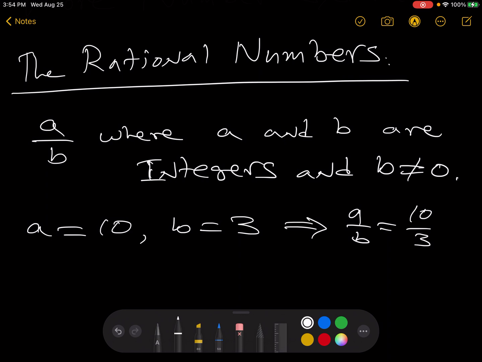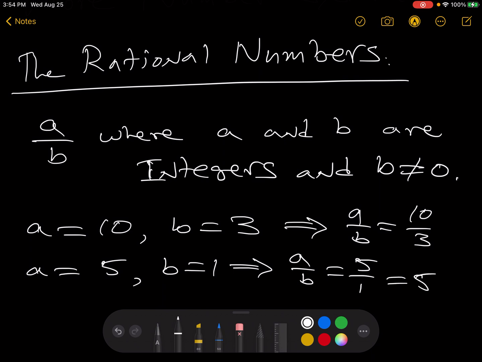Now, one thing I should mention is that all integers are also rational numbers. Let's say a equals 5, b equals 1. This tells us that a over b, 5 over 1, which equals 5, is a rational number. All right, so all integers are rational.